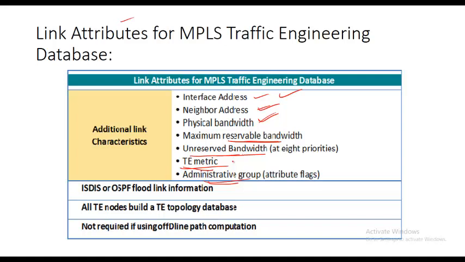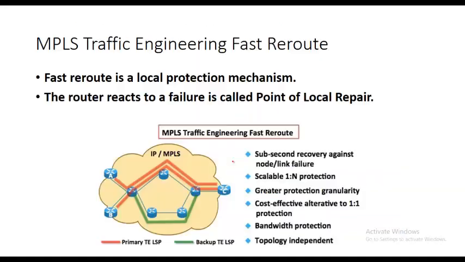Subsecond recovery against node or link failure. Scalable one-to-n protection. Great protection granularity. Cost-effective alternative to one-to-one protection, and protection topology independence. So, independent of the physical topology, you are able to have a tunnel.